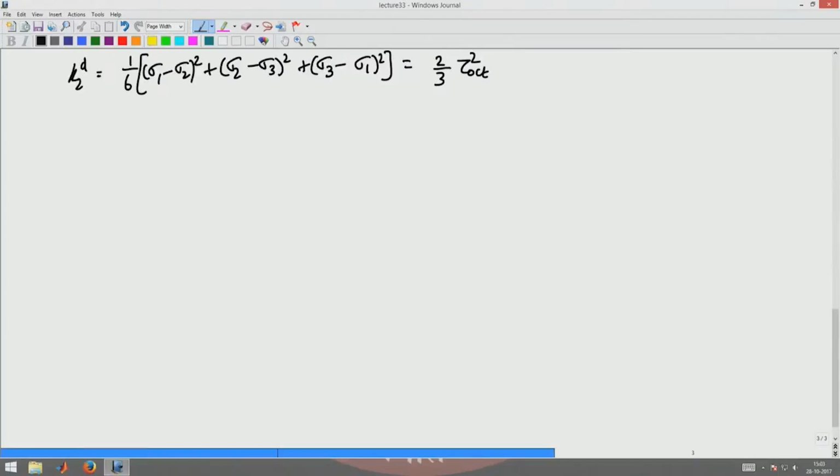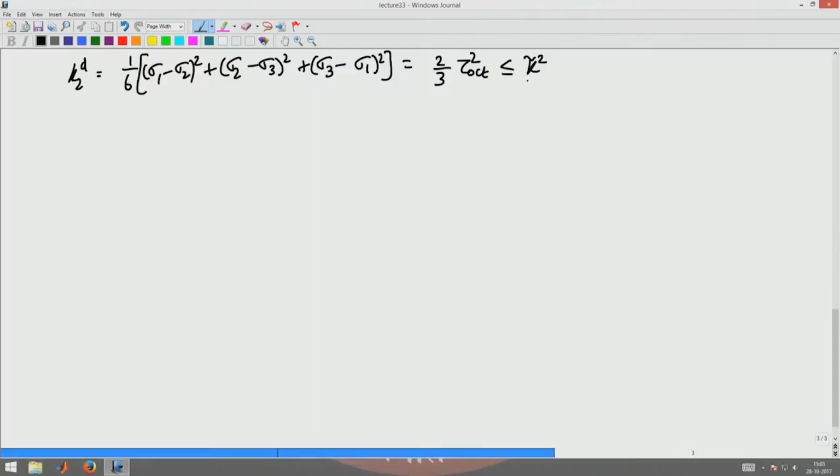We saw all those things in lecture 9. So, now I can interpret the vonMises criteria as the octahedral shear stress being limited to a particular value of kappa tilde square. This kappa and the previous kappa are different because I have a factor 2 by 3 coming in there for the octahedral shear stress. Okay. So, I can view it as some octahedral shear stress being limited to a particular value.